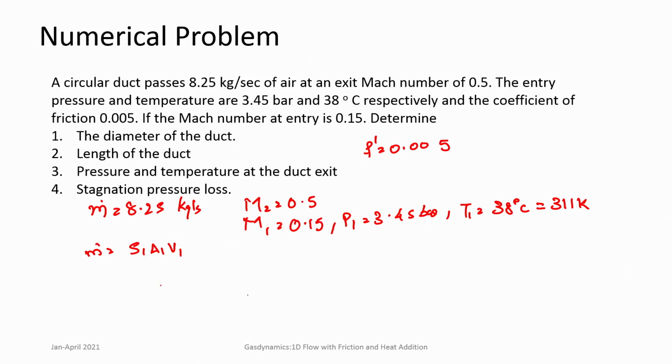So now we need to find diameter, so we need to find A. Rho 1 is given by P 1 by R T 1, and V 1 is given by A 1 multiplied by M 1, which is M 1 multiplied by square root of gamma R T 1. Okay, so you can express this.